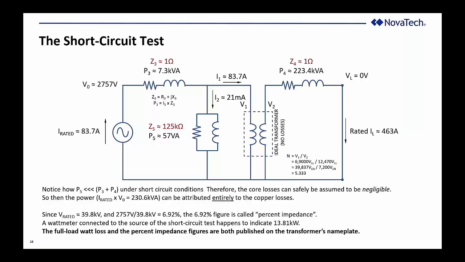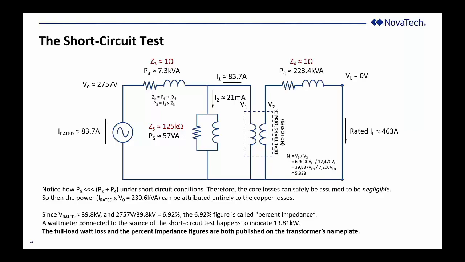And when I pass 83 amps on the primary side of the ideal component of the transformer, what I get is 463 amps through the short circuit. Again, the impedance is a function of the wire gauge and the windings and the nature of the core.